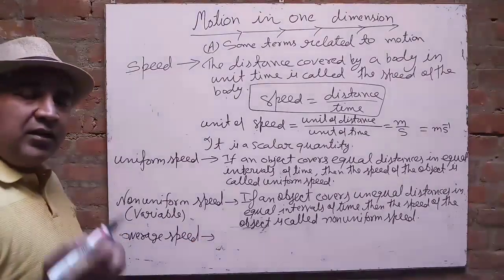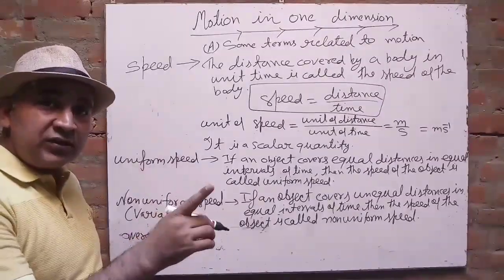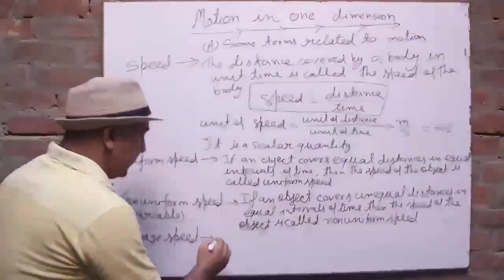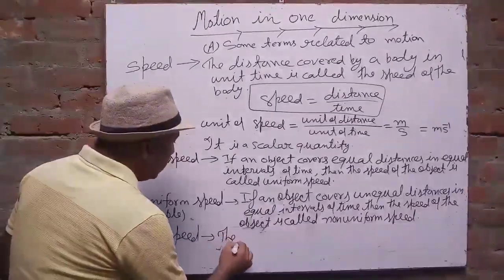Average speed is the ratio of total distance covered by the body to the total time taken of the journey. What is the average speed?